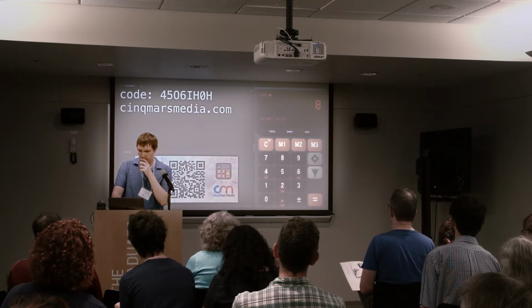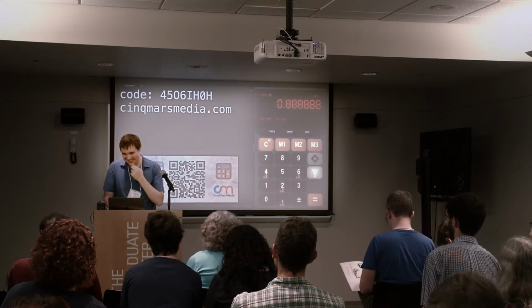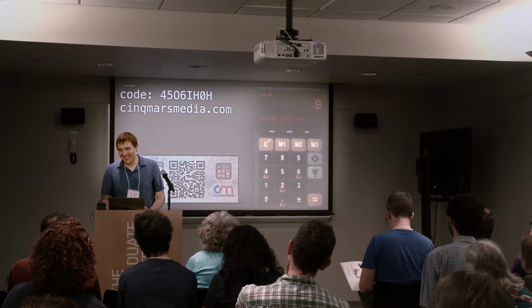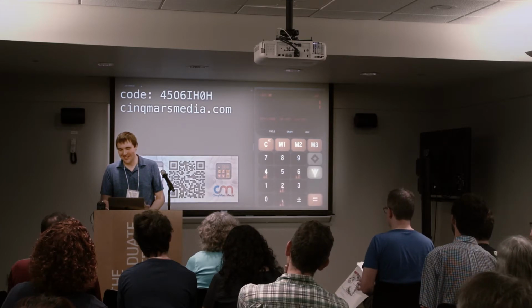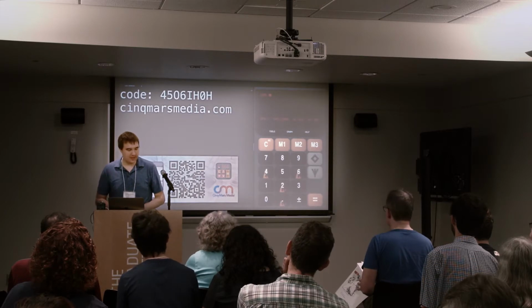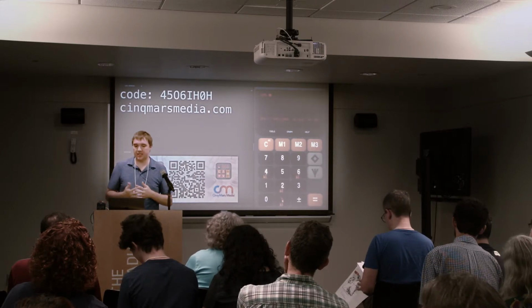Let's see about the pitchfork. 8 pitchfork 9 is 0.8 repeating. 8 pitchfork 8 is 1, it's division. There are 2 ways I guess we could work backwards.